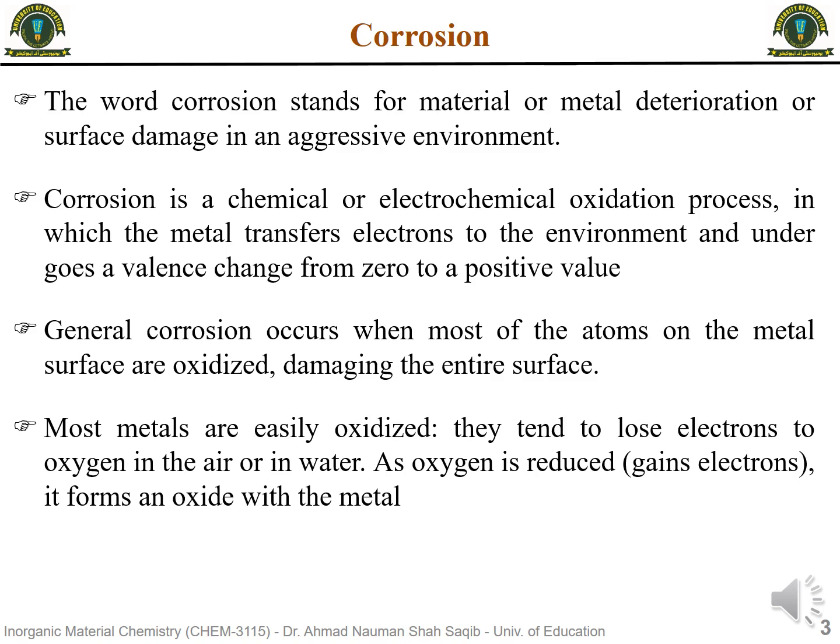These metal oxides, for example in the case of iron, form rust on the surface, and we say that the metal has corroded, there is corrosion happening over the surface. So basically it is an oxidation reduction process in which the metal surface is oxidized by reaction with the environment, mostly water and oxygen.